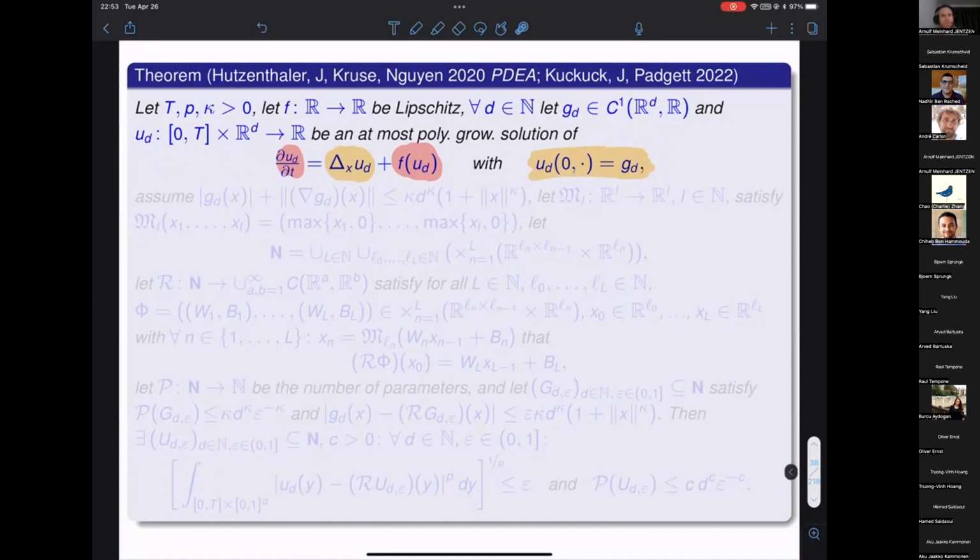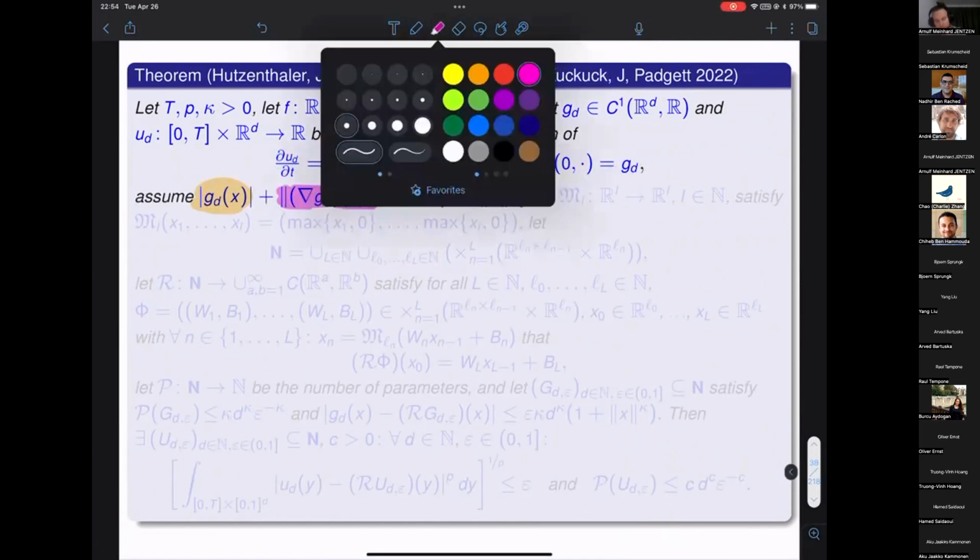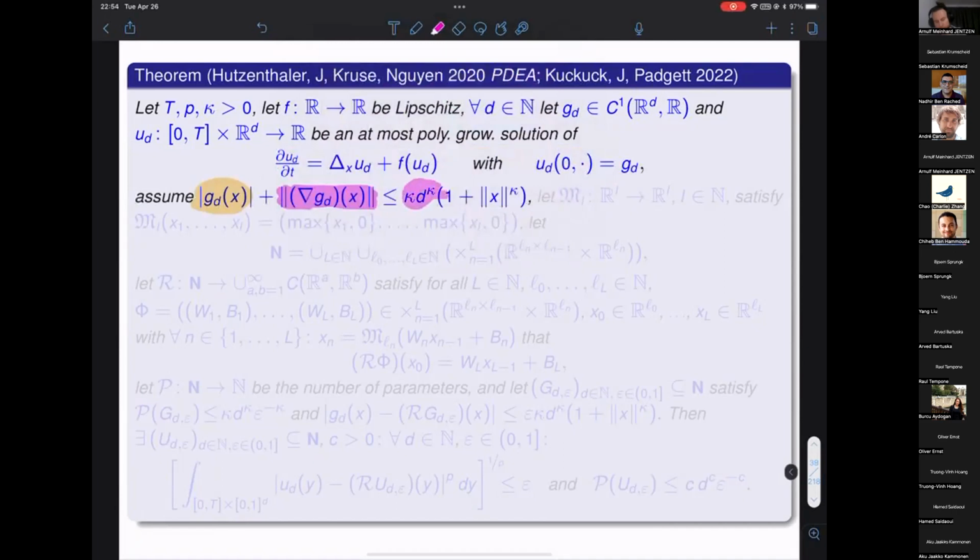One quite natural assumption is that the solution itself and its derivative don't grow exponentially in the problem dimension. This is formulated by the assumption that for all d and all x in R^d, we have that g_d of x and also the gradient, which can also be relaxed, grow at most polynomially in both the problem dimension and the space variable.